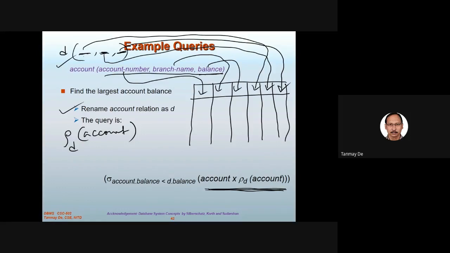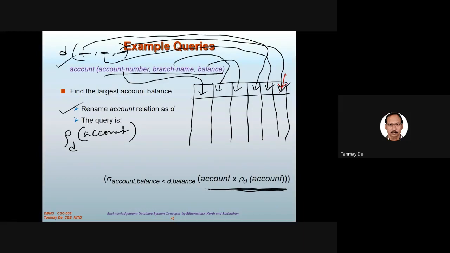And this one is also an account number, and this one is also a balance. But what do we write for this balance?